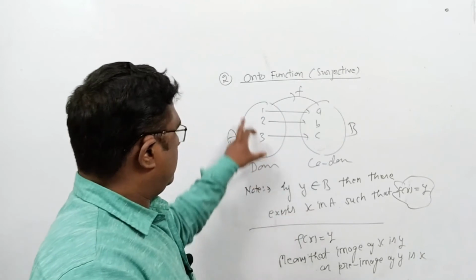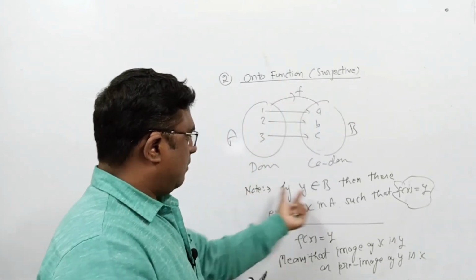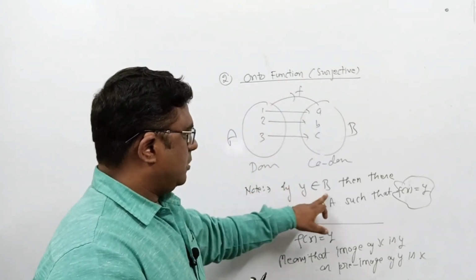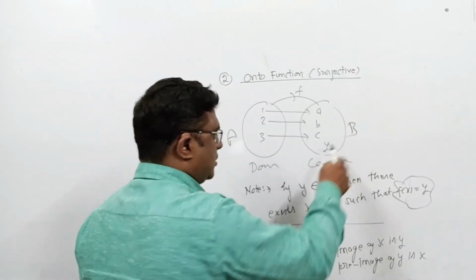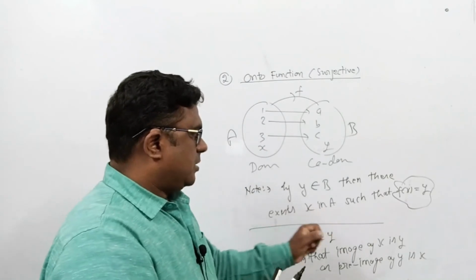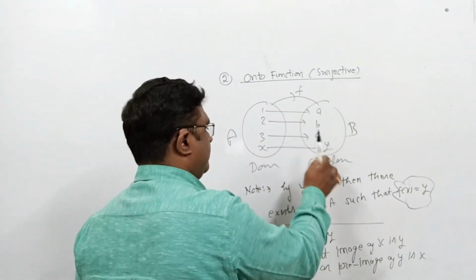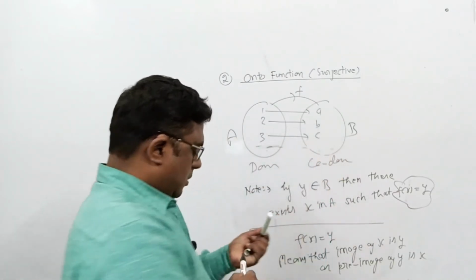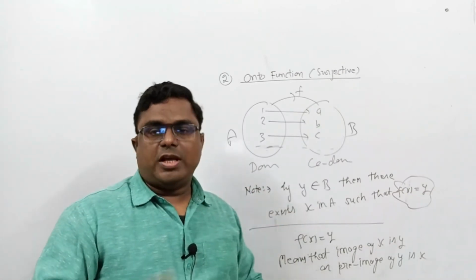So when the function is onto, you have to remember this note: if y belongs to B, it means y is on the codomain side, then there exists x in A such that f(x) equals y. And if the function is not onto, then we call it into.